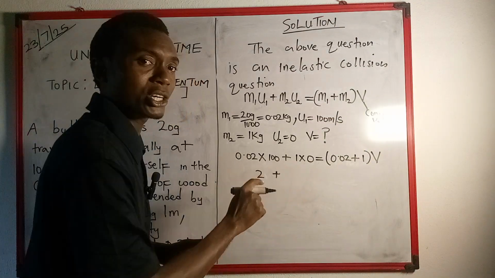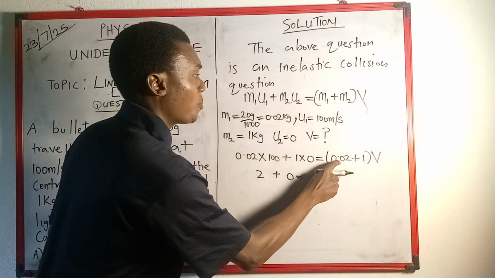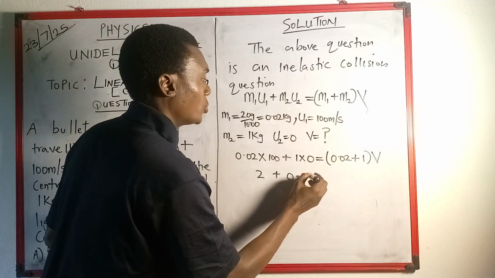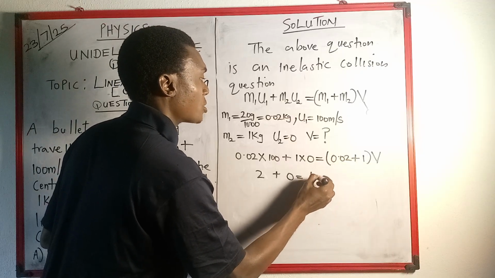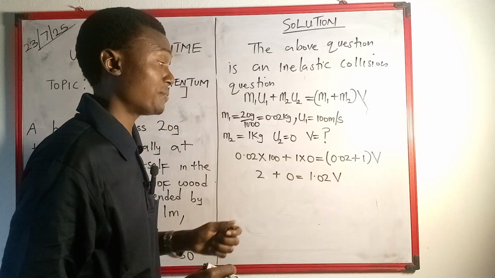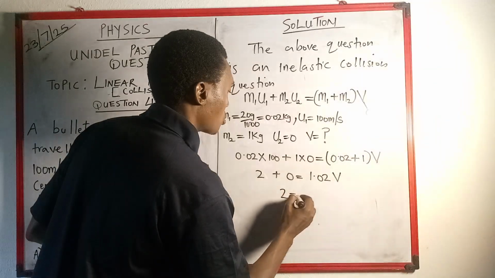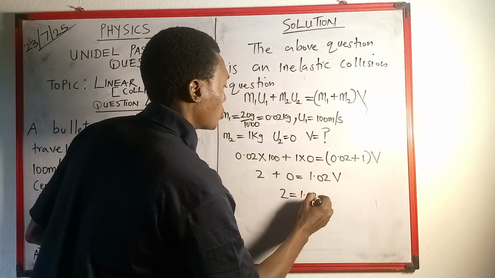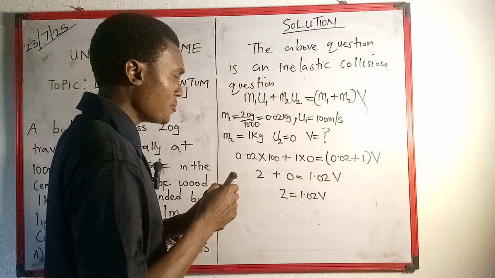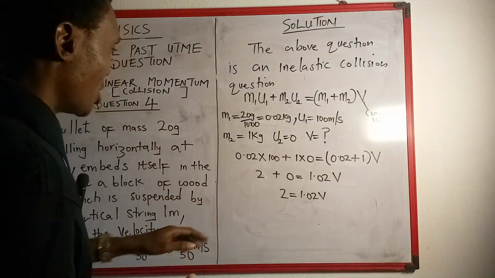Plus 1 times 0, you have 0. 0.02 plus 1, you have 1.02. Please use your calculator to confirm while watching the video. 2 plus 0, you have 2, is equal to 1.02v.